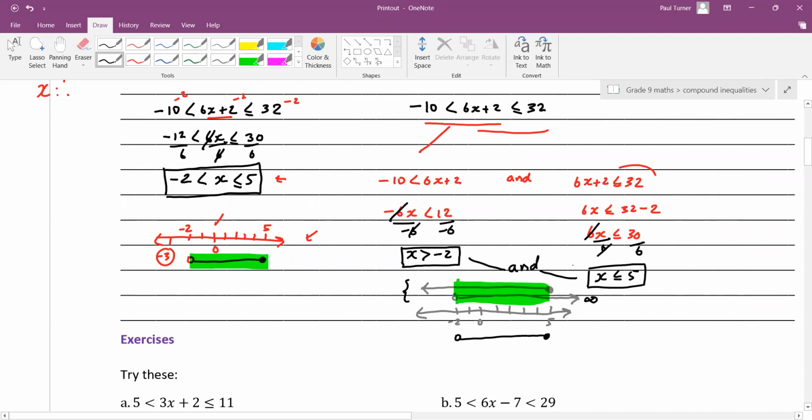And then less than or equal to 5, go to -infinity in that direction. And look at where you see both, because they have to both be true. So true in this one and true here as well. Only where you see the green, it's true. Right? So the graphs are actually the same. Okay, same answer. It's a longer way to do the problem, but it's easier for harder problems.